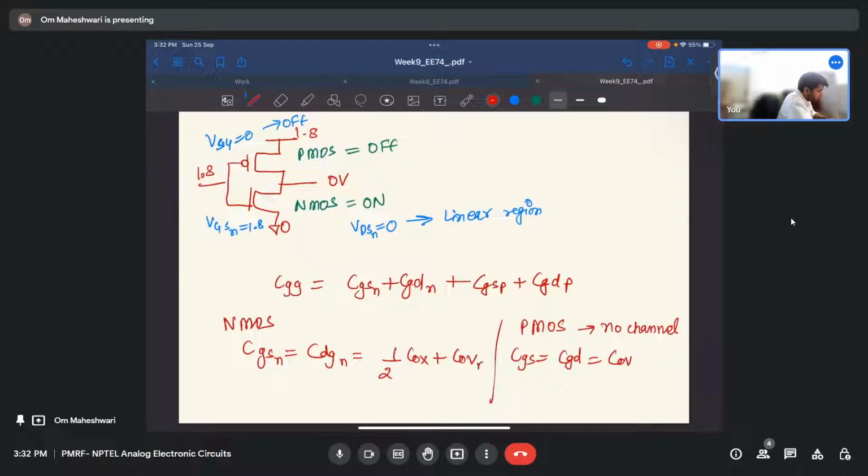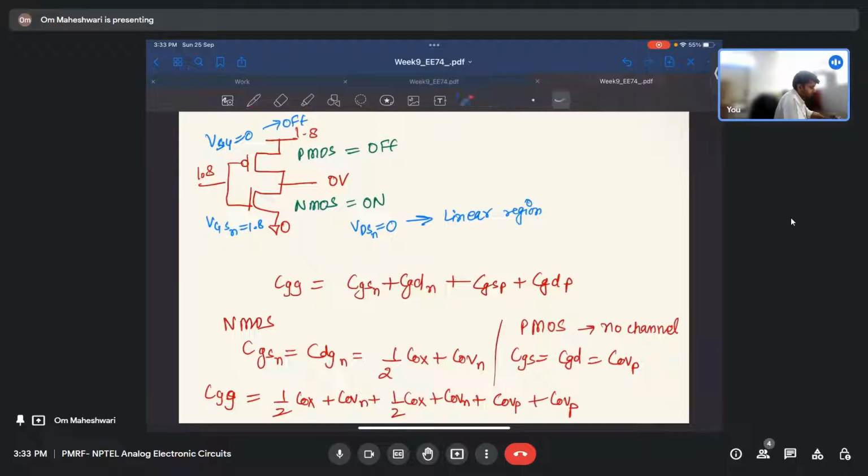So CGG what we will get is equal to CGSN and CGDN, that is 1 by 2 COX plus COVN plus 1 by 2 COX plus COVN, then for PMOS that is COVP plus COVP.